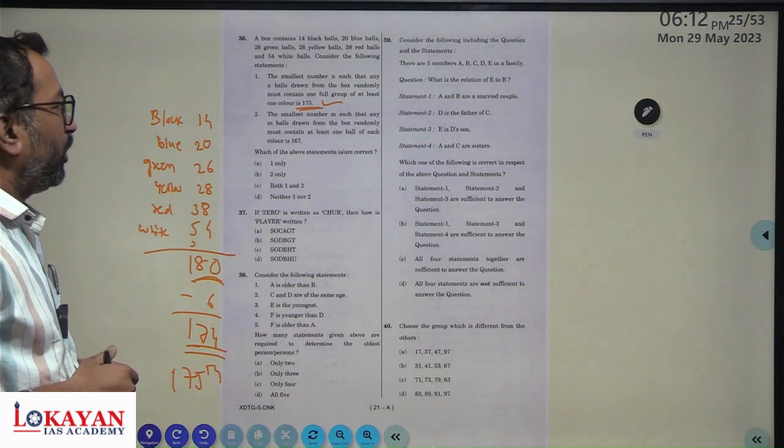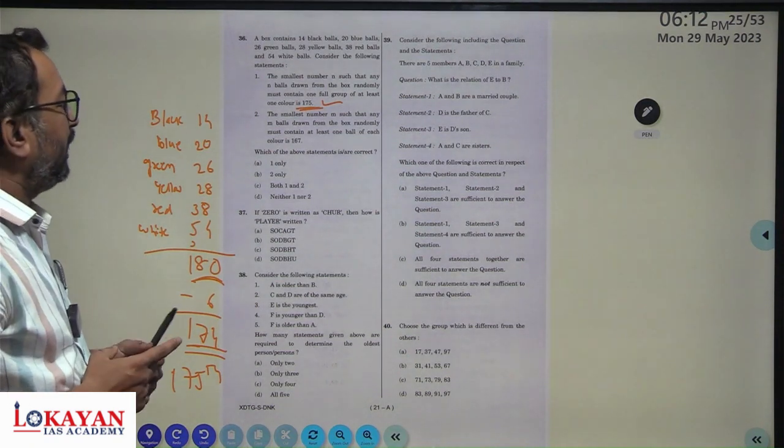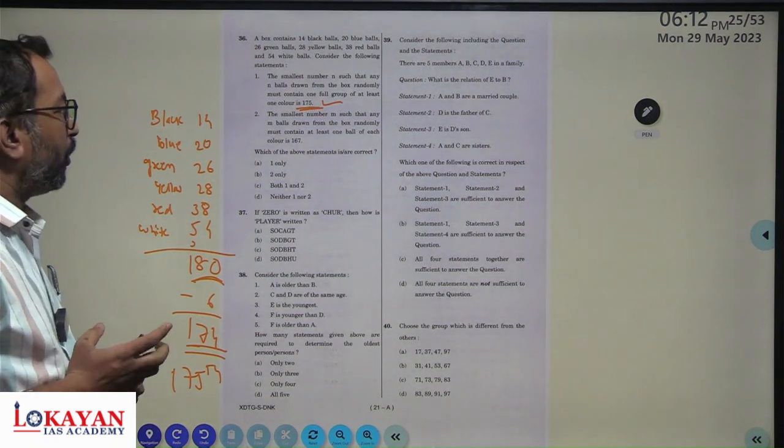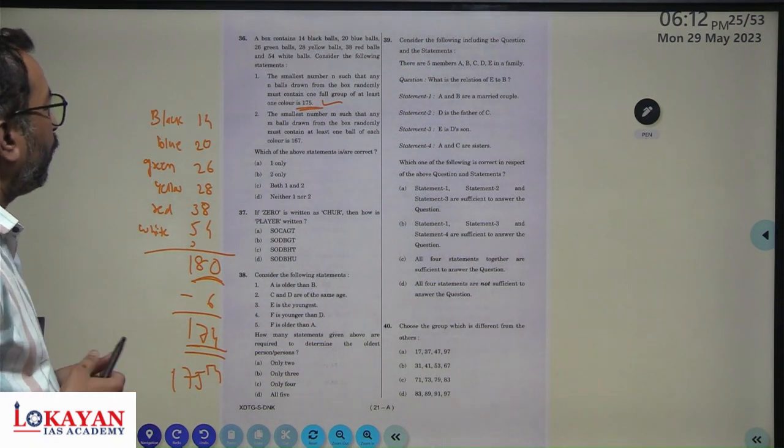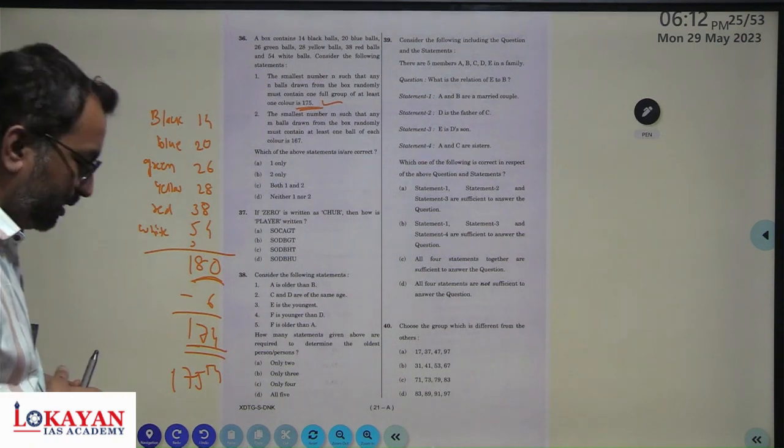Statement 2: the smallest number m such that any m balls drawn from the box randomly must contain at least one ball of each color is 167.